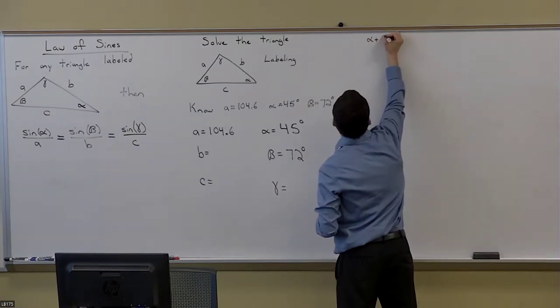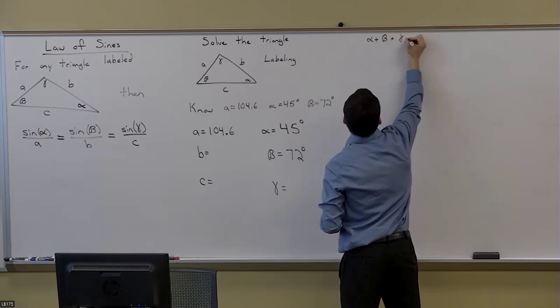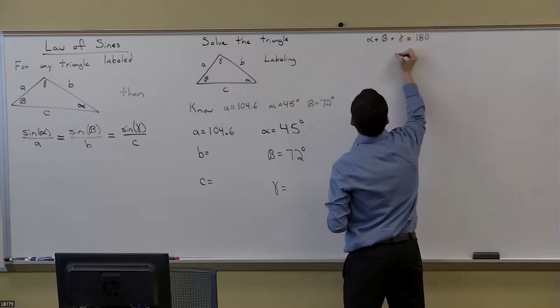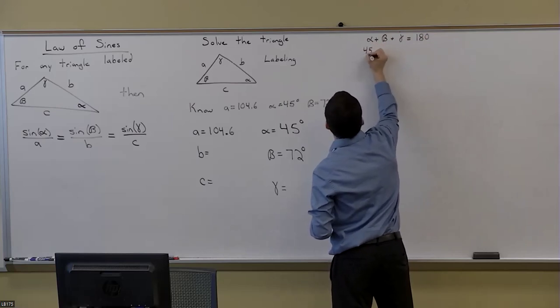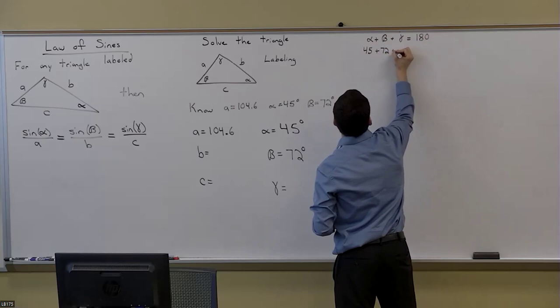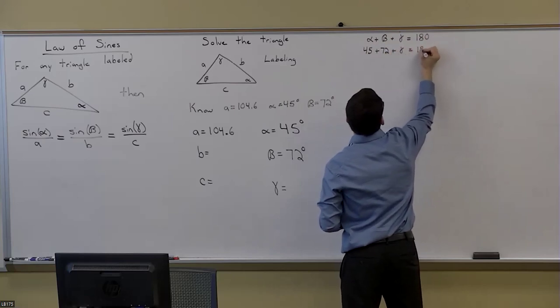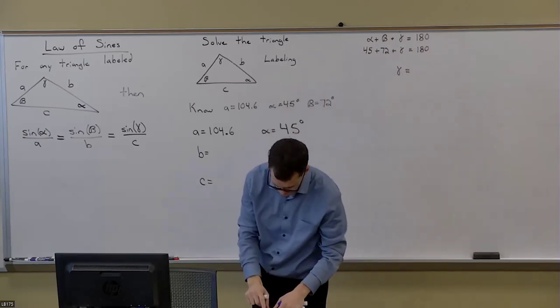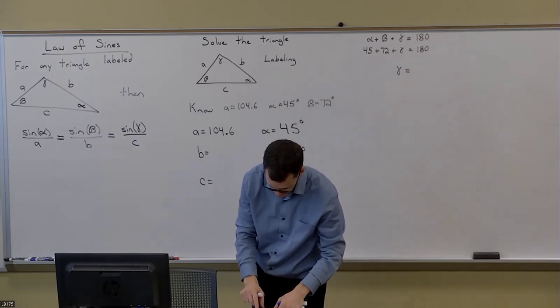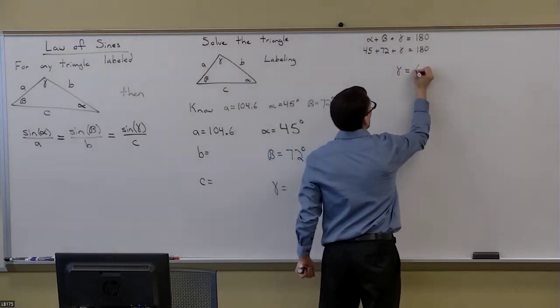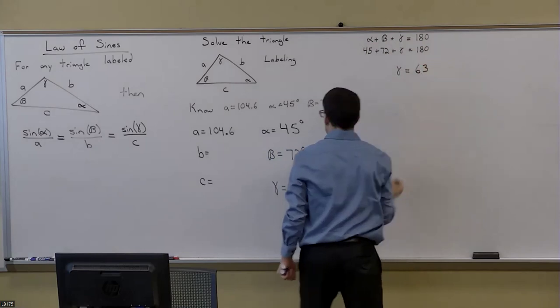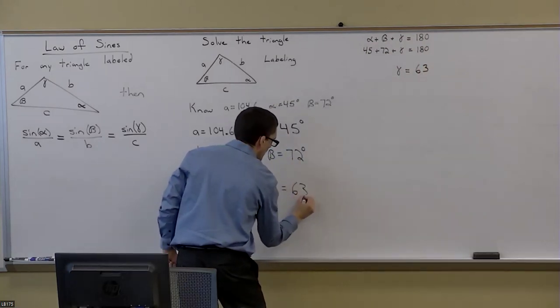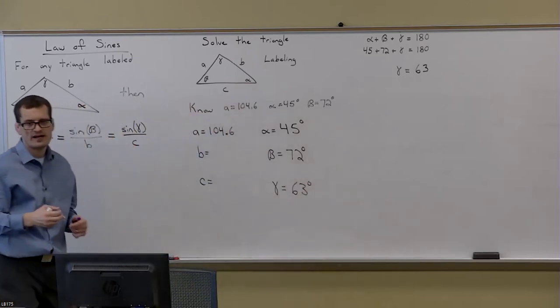So alpha plus beta plus gamma is equal to 180. 45 plus 72, and I got 63 degrees for my gamma.